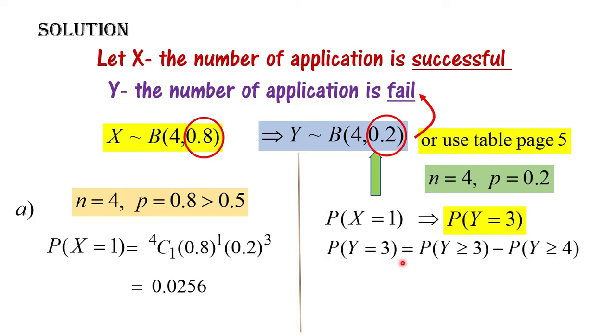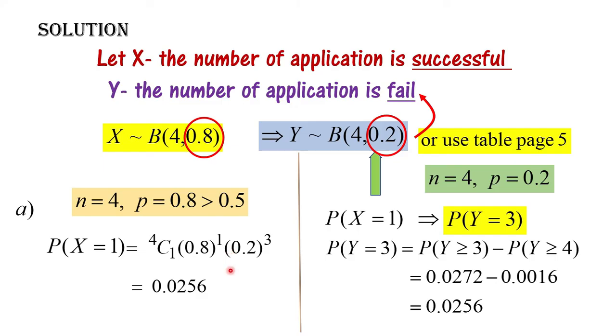So probability Y more than or equal to 3 minus probability Y more than or equal to 4, that is 0.0272 minus 0.0016, that is 0.0256.